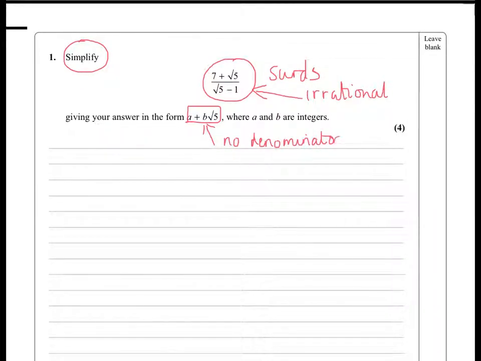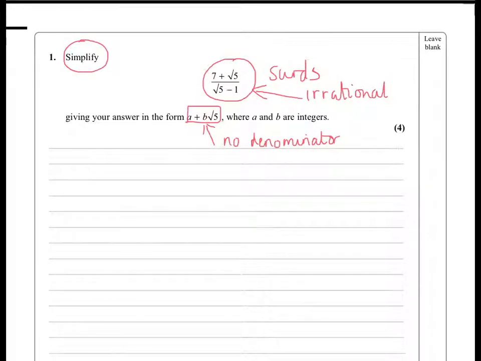So that means that I'm going to have to multiply by the conjugate of the denominator. And that's very similar to using the difference of two squares, because it doesn't have a middle term, does it?